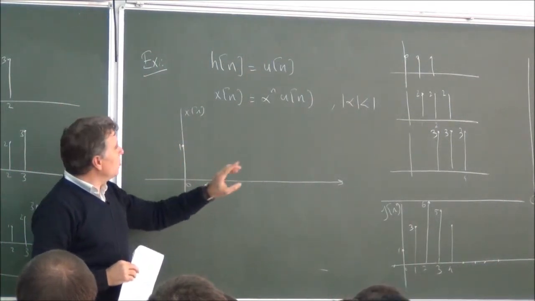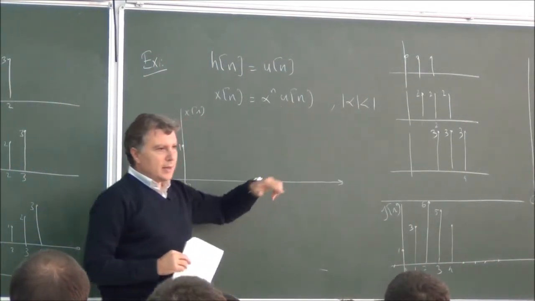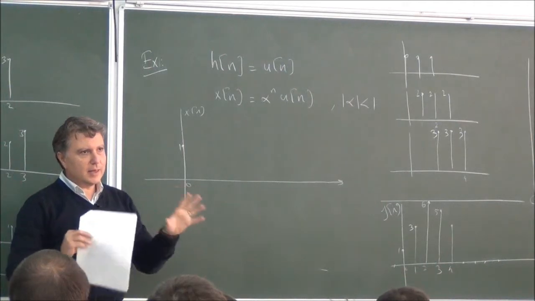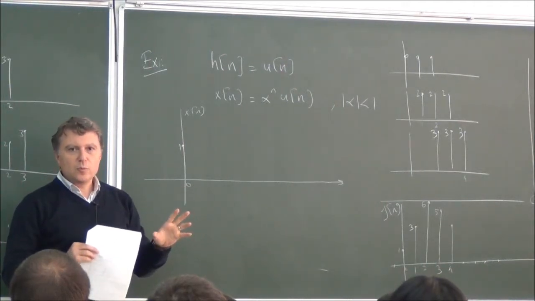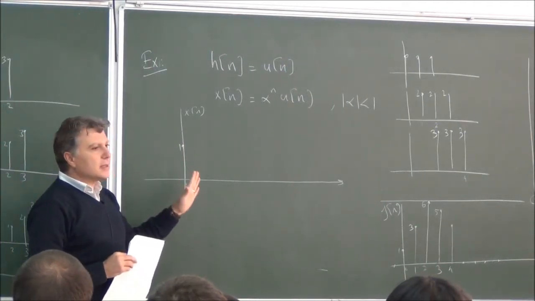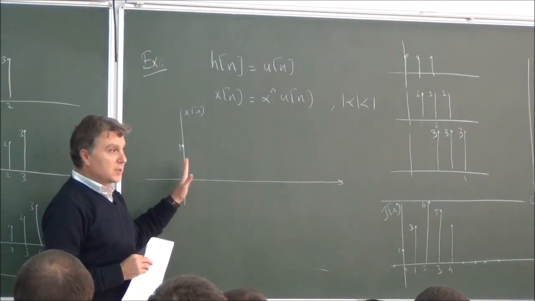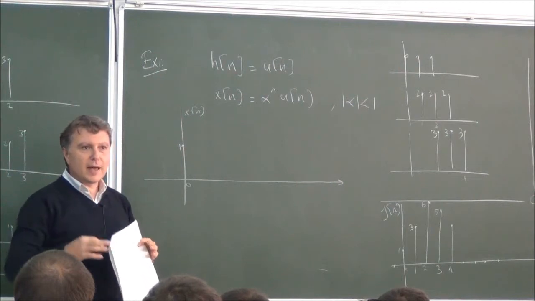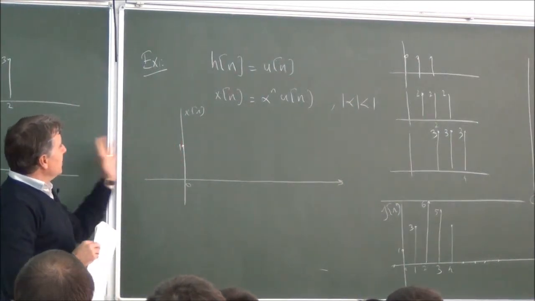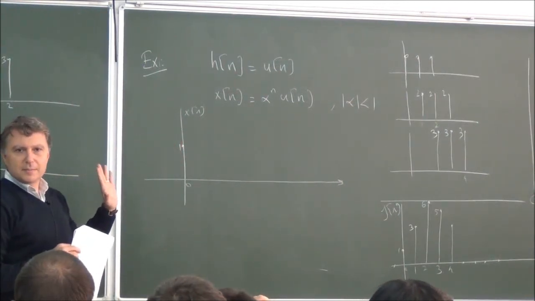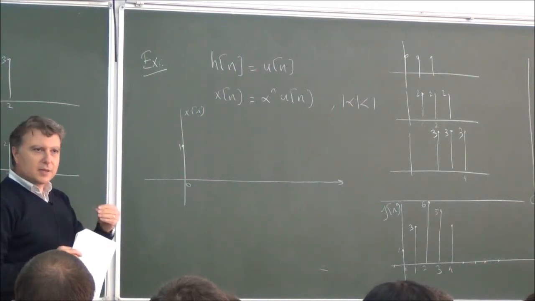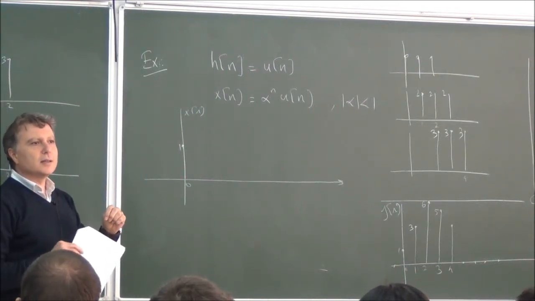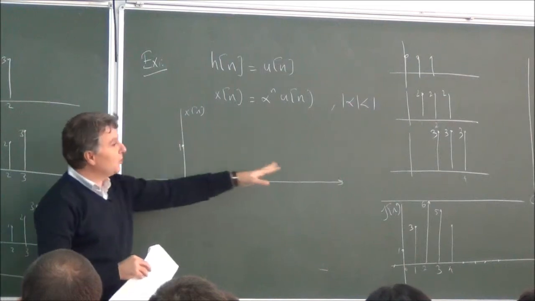Notice that whenever you see times u of n in any signal expression, you must immediately understand that that signal starts from 0 and goes to the right. Multiplication by a u of n prohibits these negative values immediately. That's a very convenient way of writing signals that are right-hand sided only, for example.